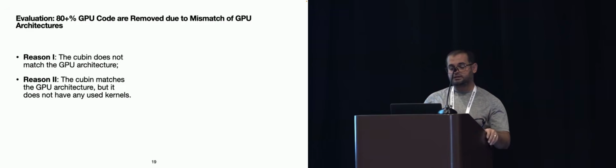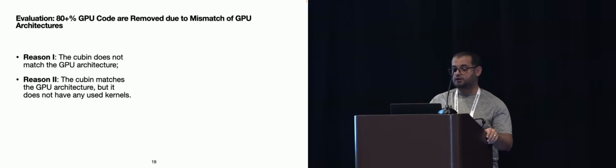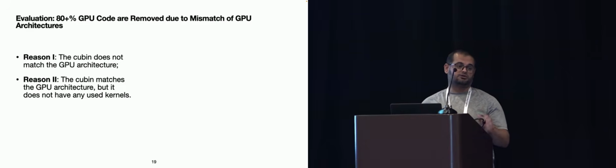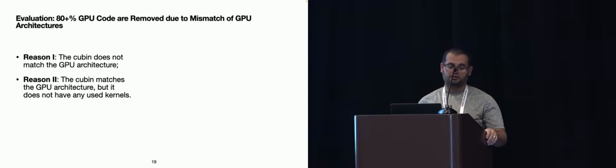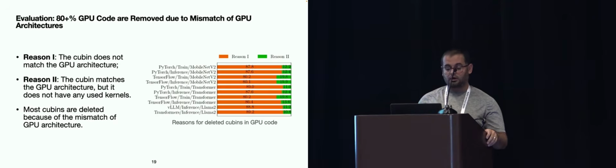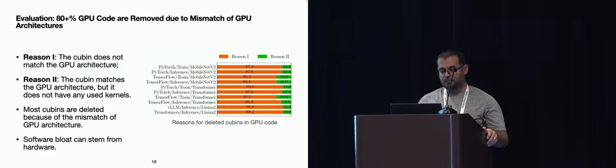And the second reason is the cubin matches the GPU architecture but does not have any used kernels. So the second reason is coming from unused features or unused kernels. So in conclusion, most cubins are deleted because of the mismatch of the GPU architecture. And software bloat can stem from hardware.